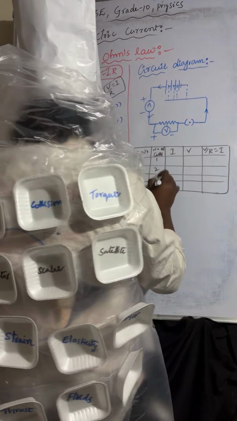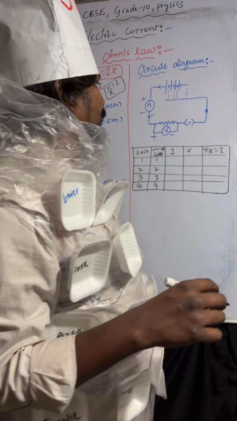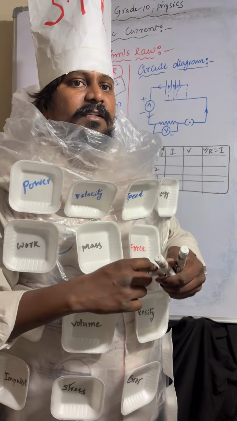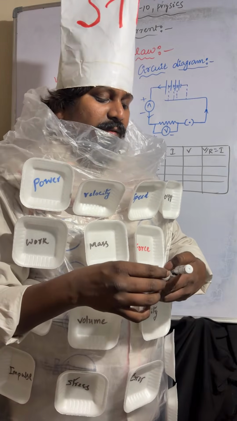The ammeter reading is the current, and the voltmeter reading is the potential difference. I hope it is very clear.